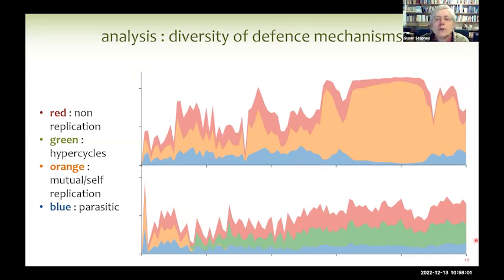And so you can see here that in some cases, when you get hypercycles, you don't get self-replication. It tends to be one or the other. It's not always exactly one or the other, but each seems to be a different defense against parasites.